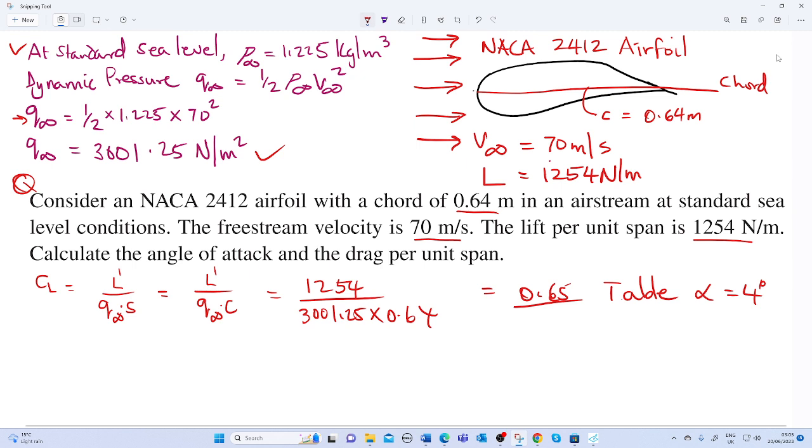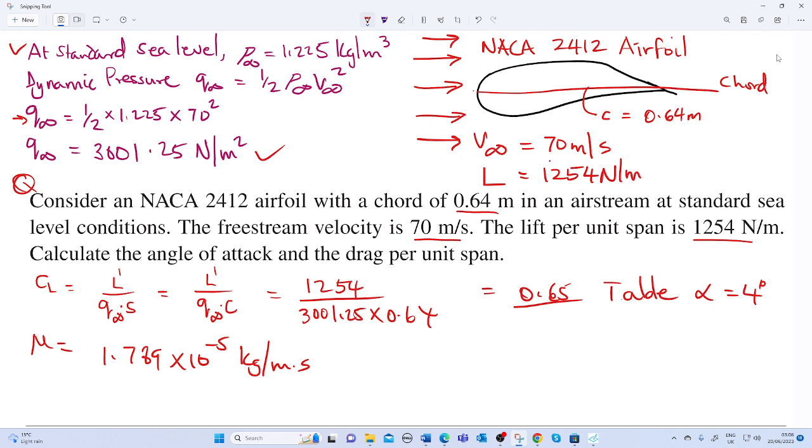From here, we also know that at standard sea level, the viscosity equals 1.789 times 10 to the negative 5 kilogram per meter second.